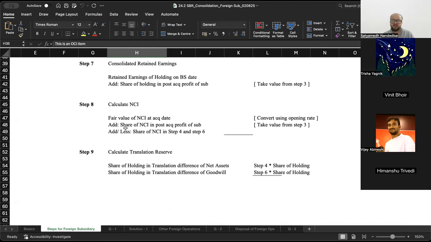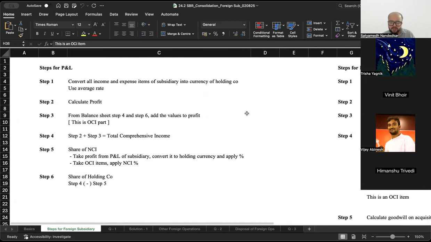Okay, now there are very slim chances of the entire consolidated balance sheet of foreign subsidiary coming, but if it does, follow the 9 steps and you will get your answer.